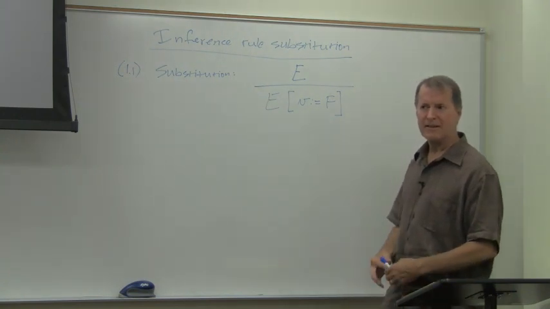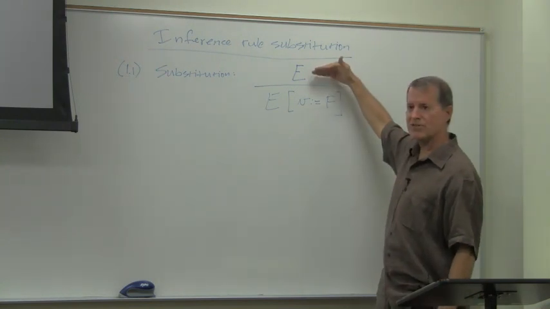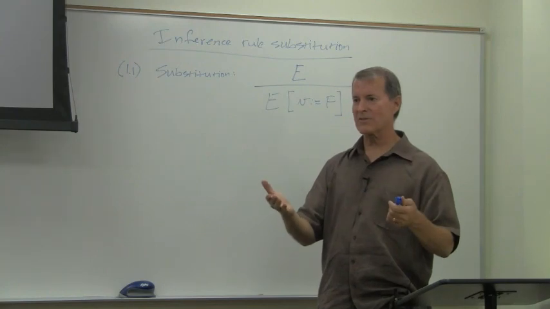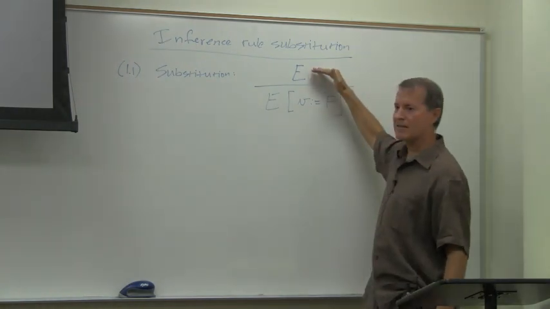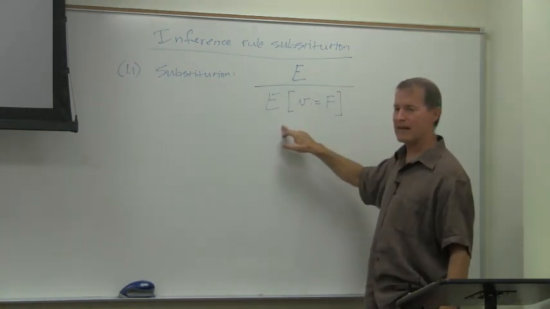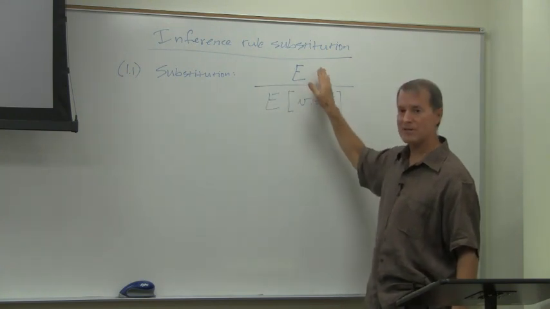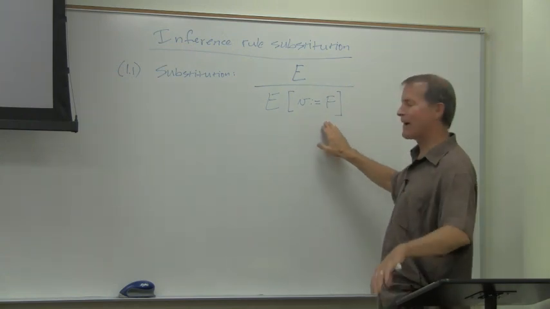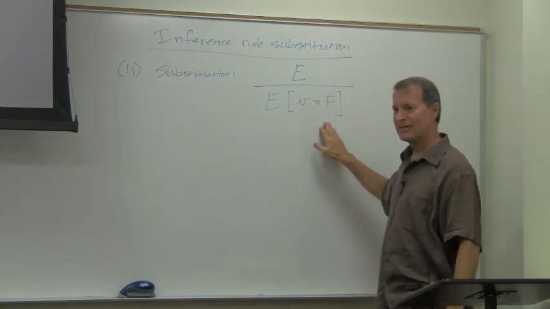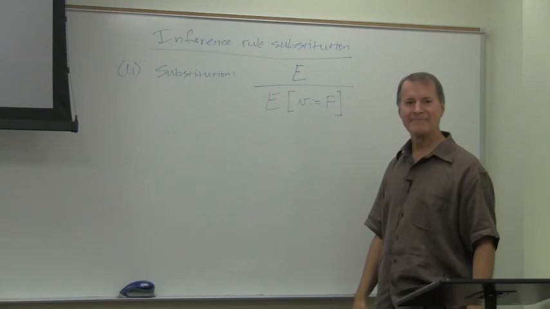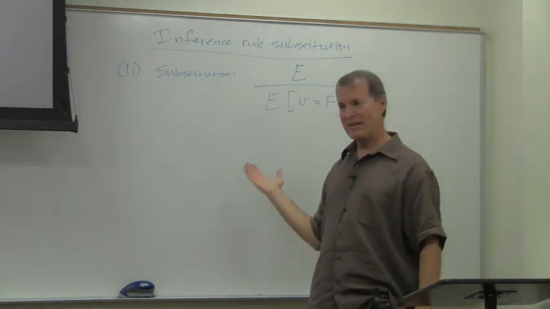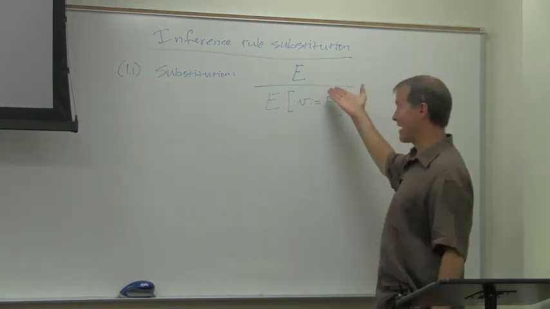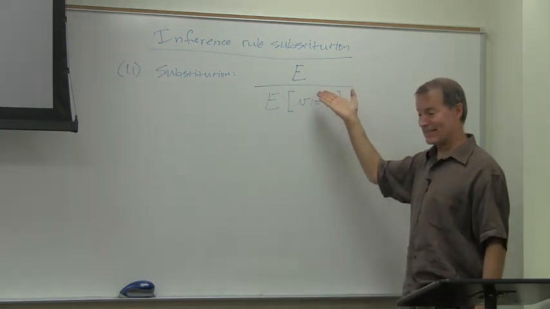If this is true in all states, remember what's the state? A list of variables and its values, right? So if in fact this is true in all states, this inference rule substitution claims that the expression with any of its variables replaced by any other expression is also true. Well, do you believe it? I'm claiming that this is in fact the reality.